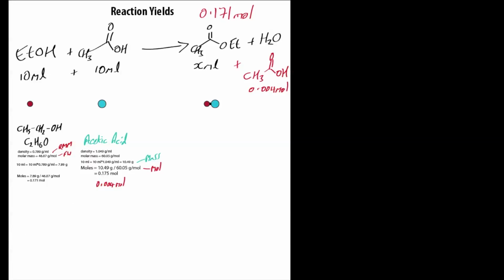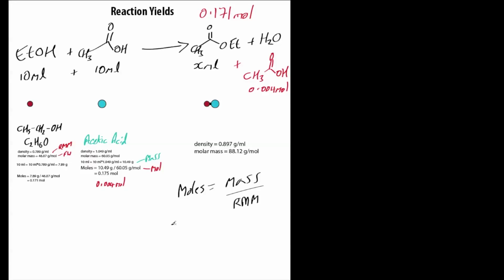So we need to know the molar mass of ethyl acetate. I've got that here. So this is going to help us. The molar mass of ethyl acetate is 88.12 grams. Okay, 88.12 grams. We have 0.171 moles. We need to do this calculation. We've got moles equals mass over RMM, that's a capital.